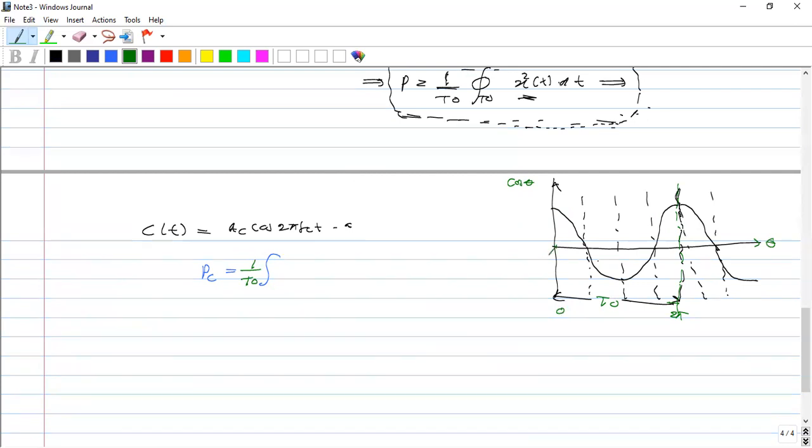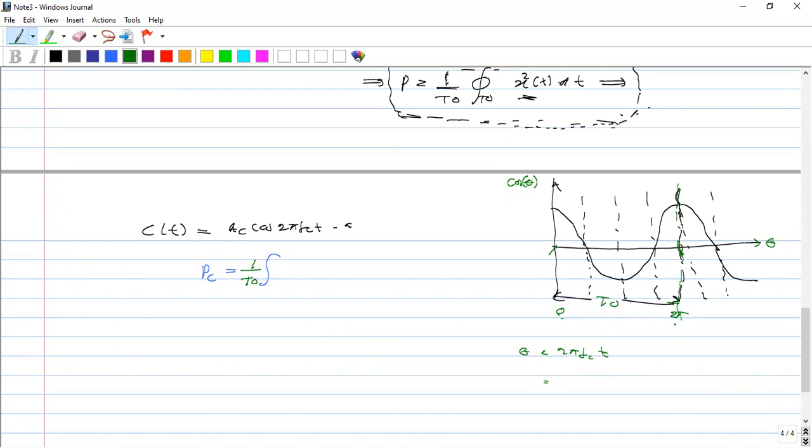If it is theta, it is 0 to 2 pi. But if this theta is equal to 2 pi fc t, this is not equal to 0 or 2 pi. At this time t is equal to 0.